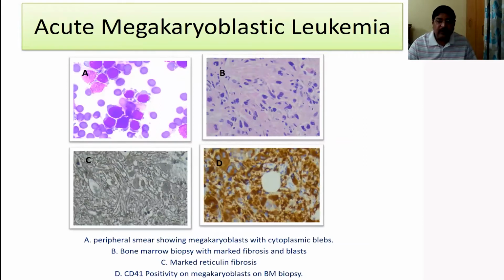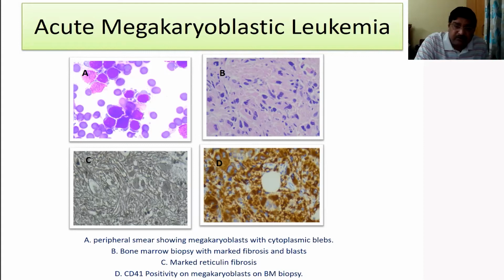So again, when you have the megakaryoblastic leukemias, I have already said that you will have these blasts which will have a lot of blebbing. As you know, platelets get formed from the megakaryocytic cytoplasm in the form of buds all around it. So even though they are immature, they will still retain the budding quality. So these are subtle morphologic changes to suspect that there could be megakaryoblastic leukemia. And when you see the marrow biopsy, often there will be desmoplasia, a lot of fibrosis.